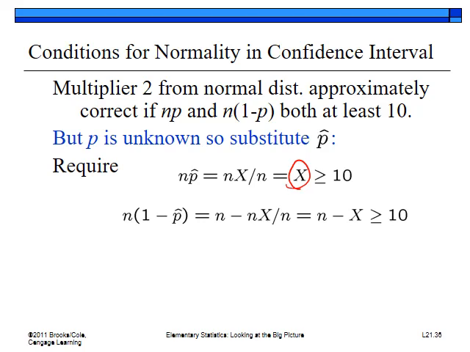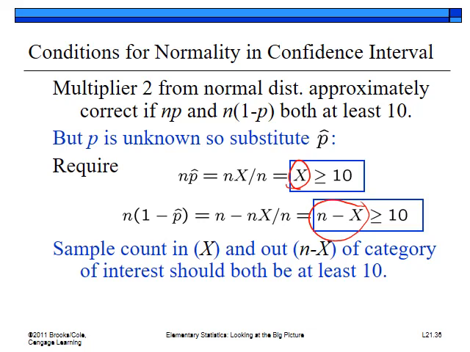And we need N times 1 minus P hat, which is N minus our count. In other words, X is the number in our sample that fall within the category that we like. N minus X is the number that don't fall in the category that we like. So the sample count in the category and the sample count that is not in the category both need to be at least 10.